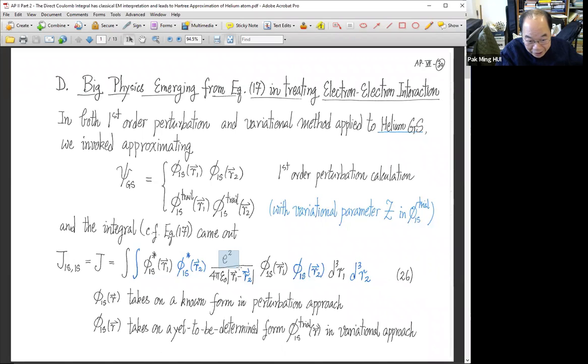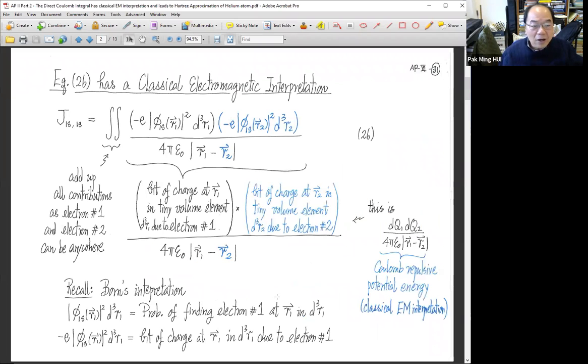I'm just writing this as minus e times minus e and give minus e to this times that. That will be phi 1s of R1 squared. Okay, similarly for the other term. So therefore, I will write it as such. Sorry, I missed the d. No, it's okay. Here, okay. So it's correct. So I have this for phi 1s of R1. I have this for phi 1s of R2. Okay.